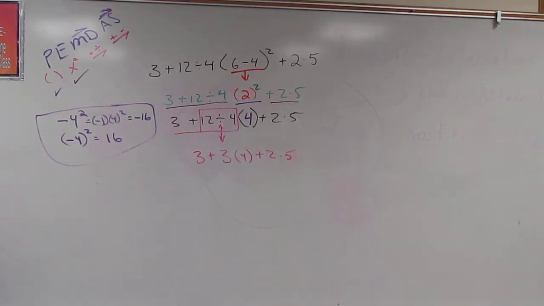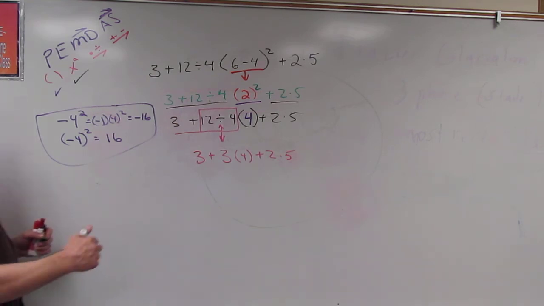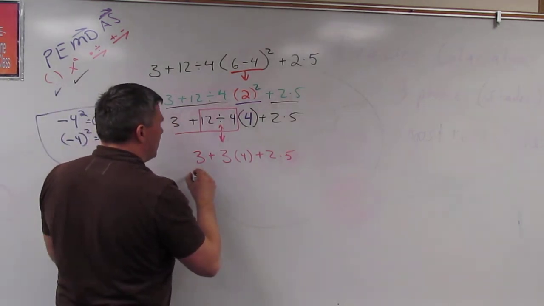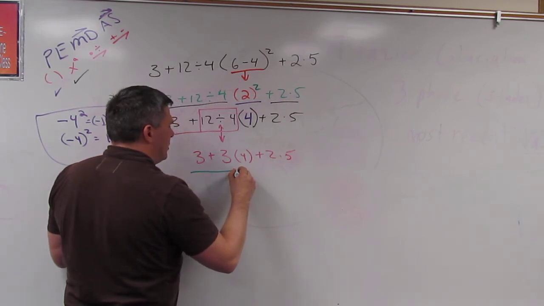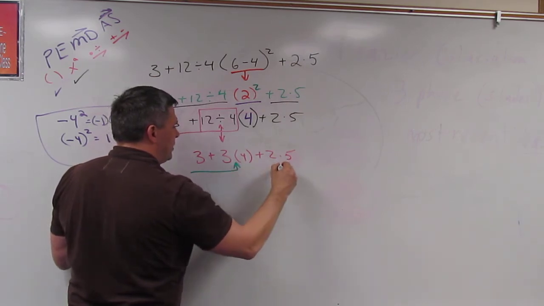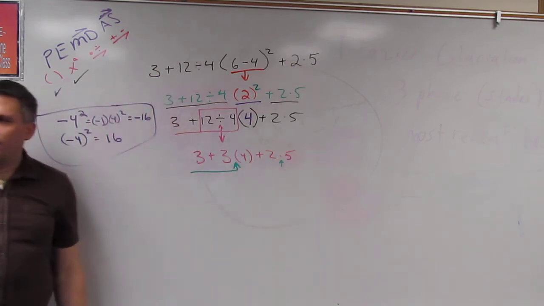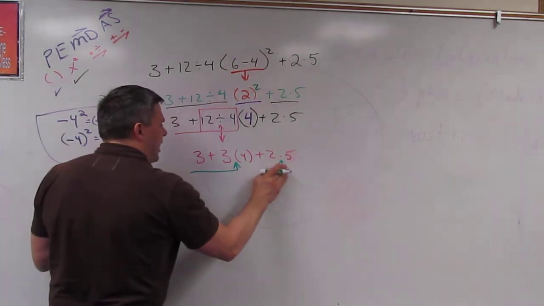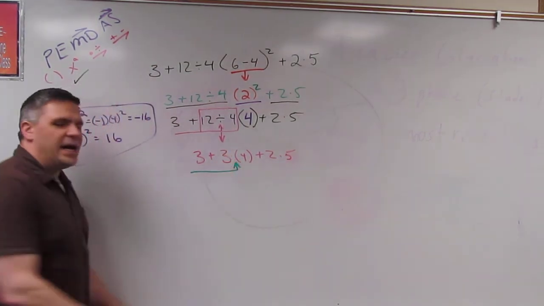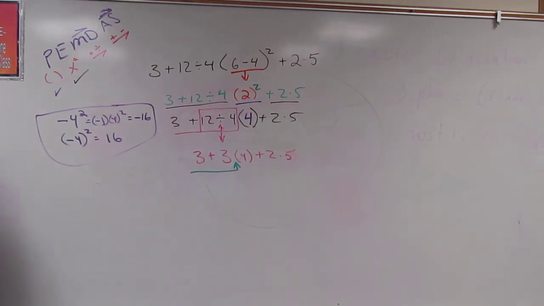And now I do the same thing. I look for my multiplication sign. Now, it's either going to be here or here. Which one do I do? Yeah, the first one. You have to remember that even though there's no dot there, there really is a multiplication sign there. You just can't see it. It's invisible. Okay?